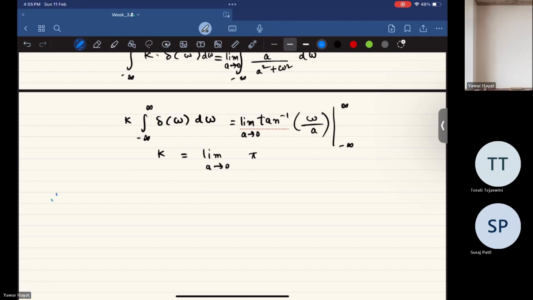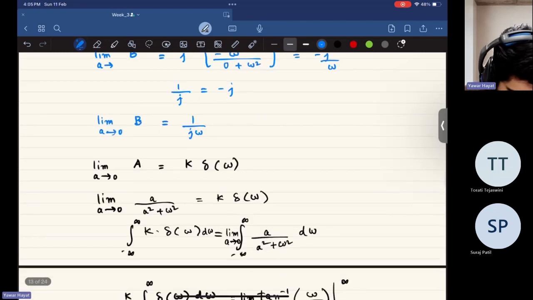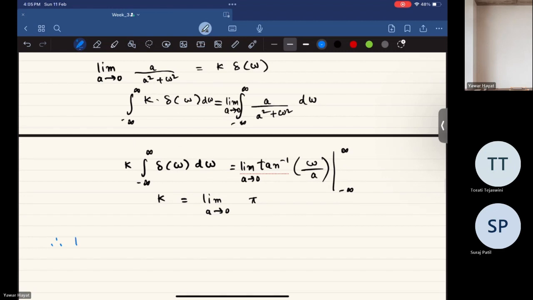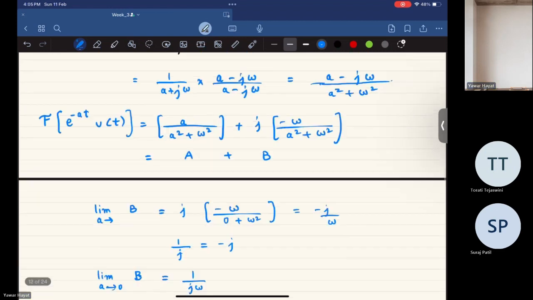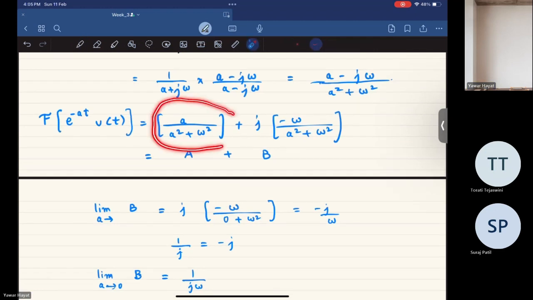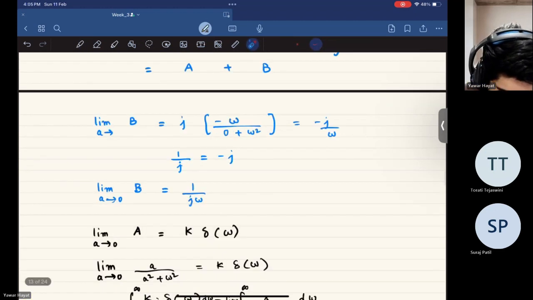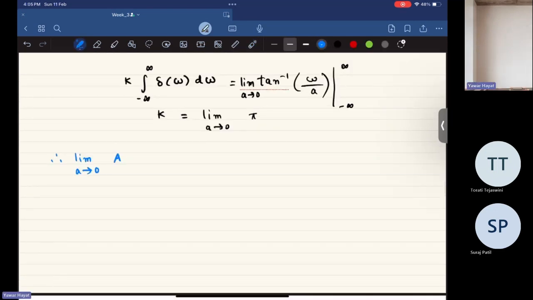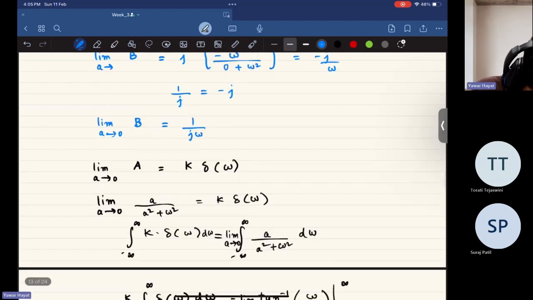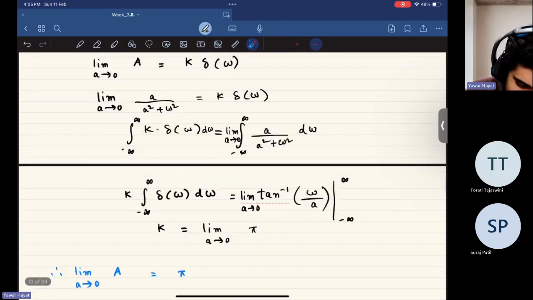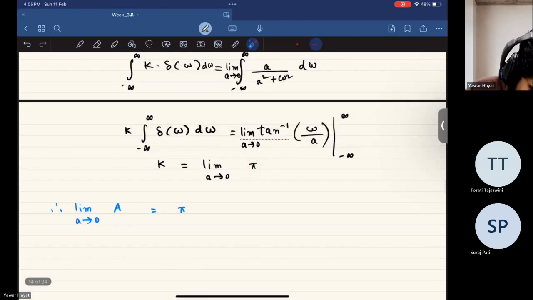Therefore, what I proved is the limit a tends to 0 of capital A, this expression, gives us pi times, right? We had assumed it for intuition that it should be of this form, k times del of omega. Now this k is pi, so this would be pi times del of omega.